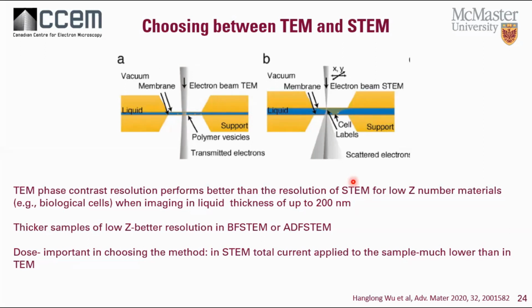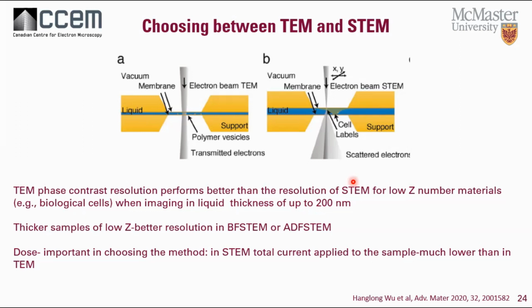In liquid thicknesses up to 200 nanometers for low atomic number materials like biological samples, TEM imaging is better than STEM. For thicker samples of low atomic number, we have better resolution in STEM or annular dark field STEM.